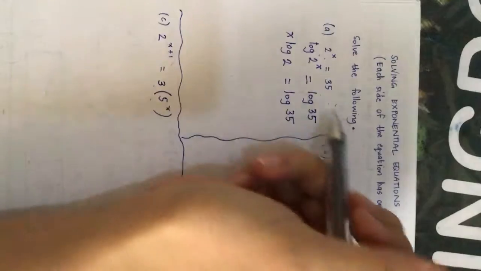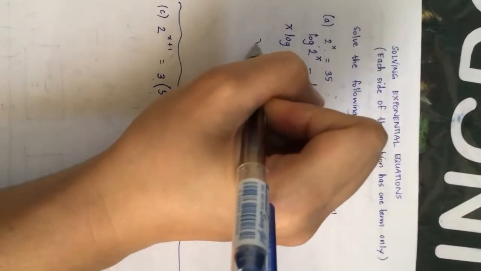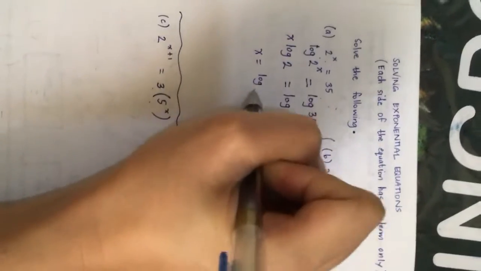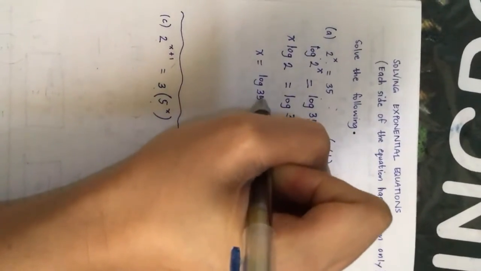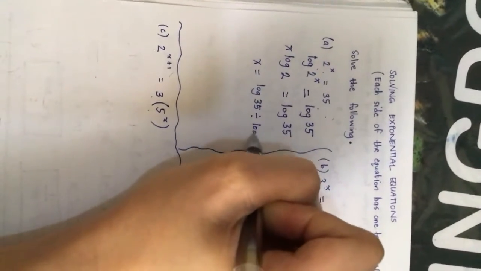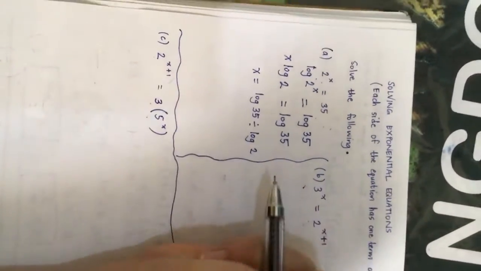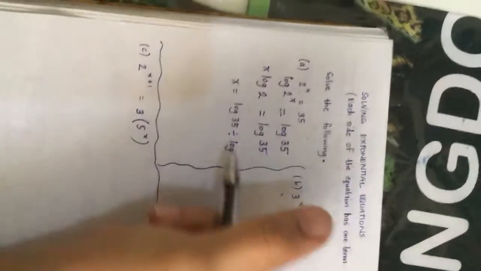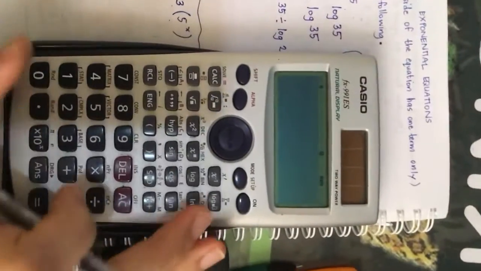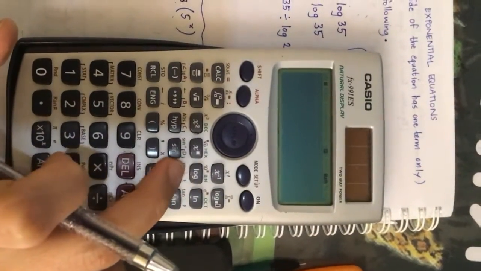So now from here, how do we solve for x? So x is the logarithm of 35 to the base 10 divided by the logarithm of 2 to the base 10. And how do we find this value? We use our calculator. So log to the base 10 is this button, this log.